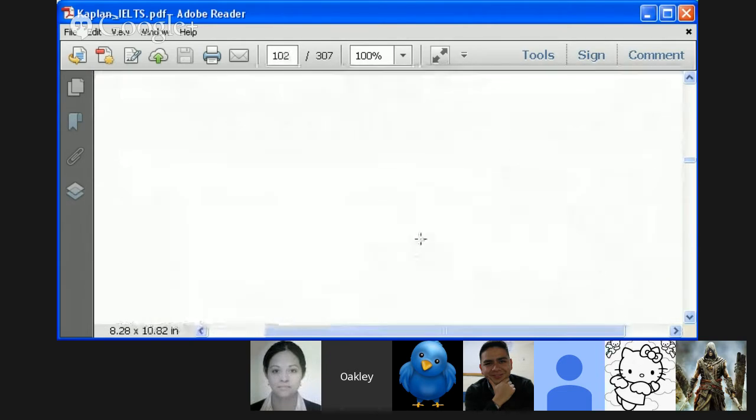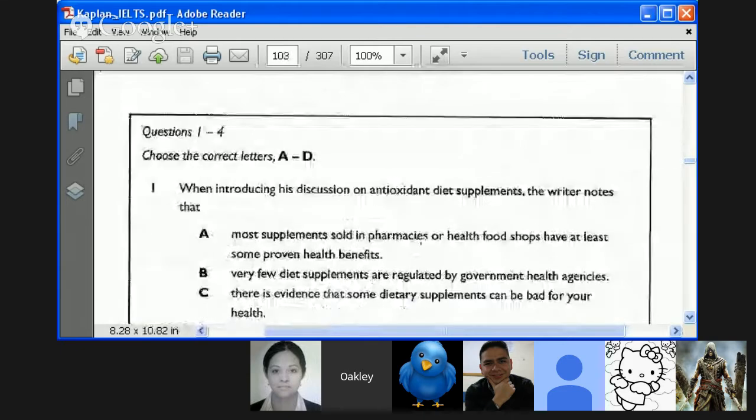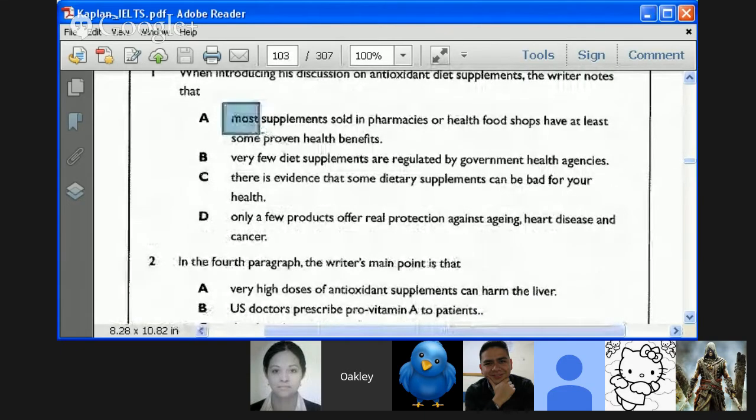Also, look at this in the IELTS. If you see words like most, all, never, always, I will tell you right now that these answers are 99% of the time going to be incorrect, because no academic article, no scientist speaks in absolutes.